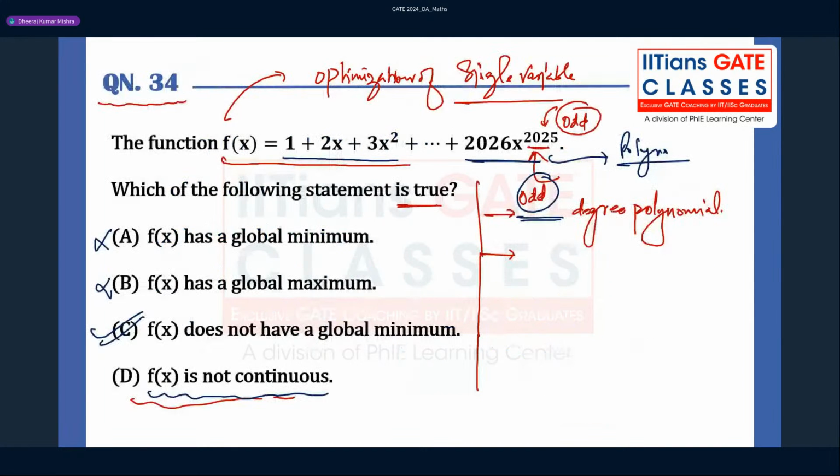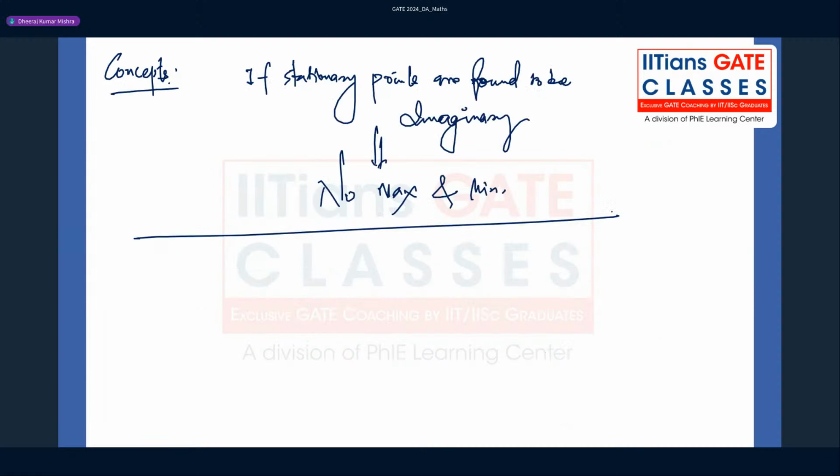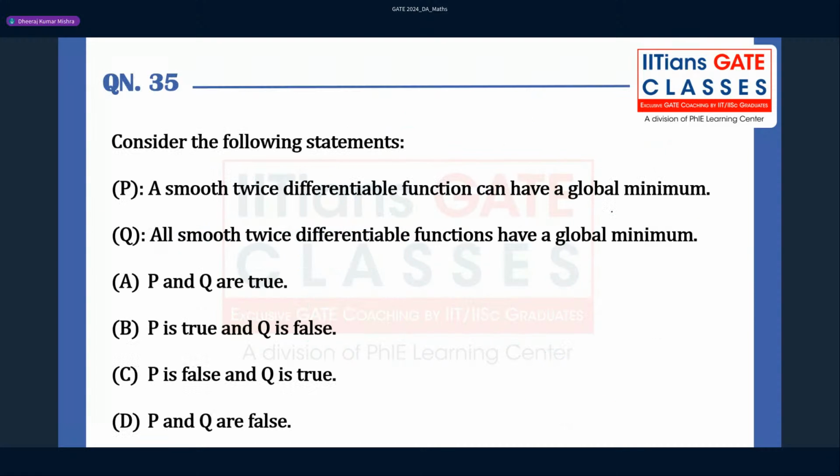If any higher order polynomial is given in the question, you have to consider a small degree polynomial and try to investigate minima and maxima. That's it. So the answer for this question is C. I hope this makes sense to all, guys. Let us move to the next question.